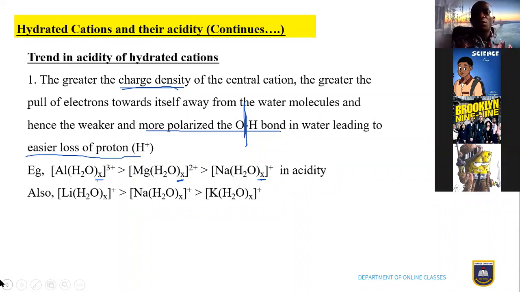So lithium hydrated cation, lithium hydrated with X moles of water, is a stronger acid than sodium and than potassium, because size increases in that order. These elements are in the same group in the periodic table, and down the group, atomic size increases.